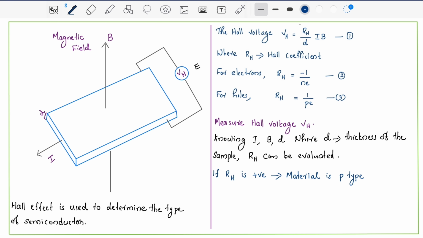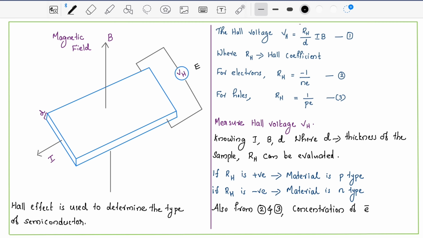If RH is positive, that means the material is p-type, and if the obtained RH is negative, the material is n-type. Also, using equations 2 and 3, you can find out the concentration of electrons or holes in the semiconducting material.